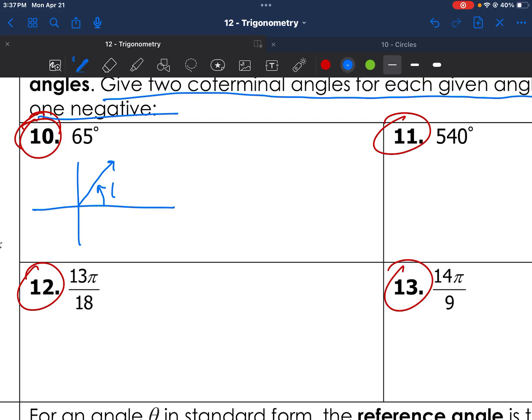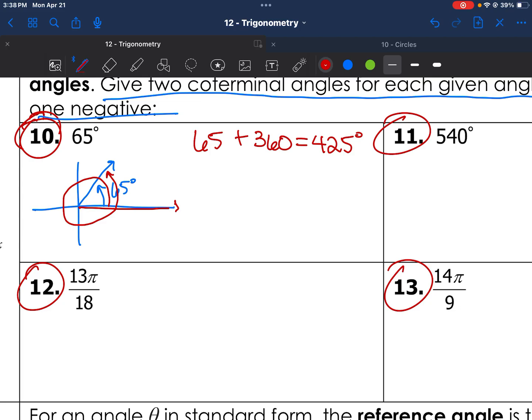Then we would need to find two other angles that would start and stop in the same place. Well, one way we could do this is if I do a full 360 and then go 65 more. So I said 65 plus 360, and that would give me 425 degrees. That would be another angle that would start and stop in the same place as the original 65.